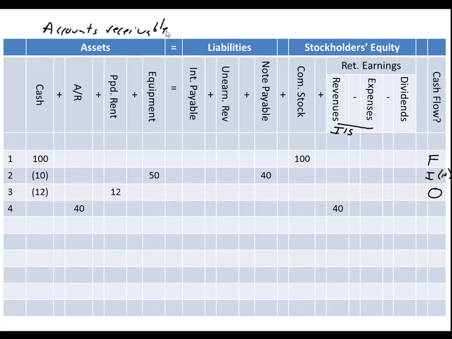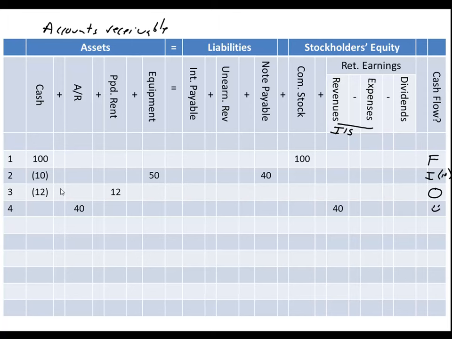That happens every day. That is one of the hallmarks of accrual accounting. As it happens, if we were to look at this from a cash flow perspective, there's nothing on the cash flow statement. Because once again, if it's not affecting our cash, it's not affecting our cash flow statement. And so this is a non-cash flow activity. It doesn't go on the cash flow statement.